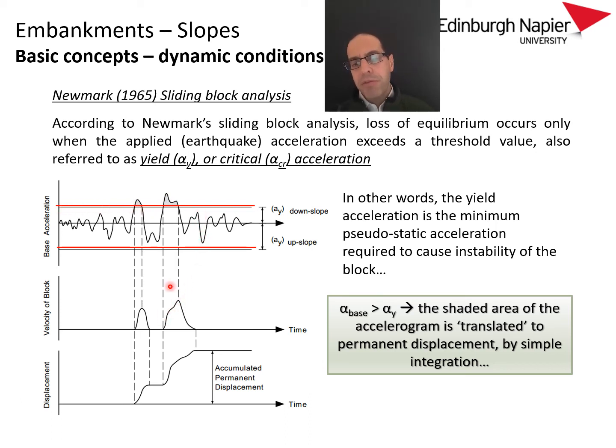And what the approach does is that we take those accelerations and convert them into velocities and then into displacements that will accumulate by simple integrations that can be performed numerically.